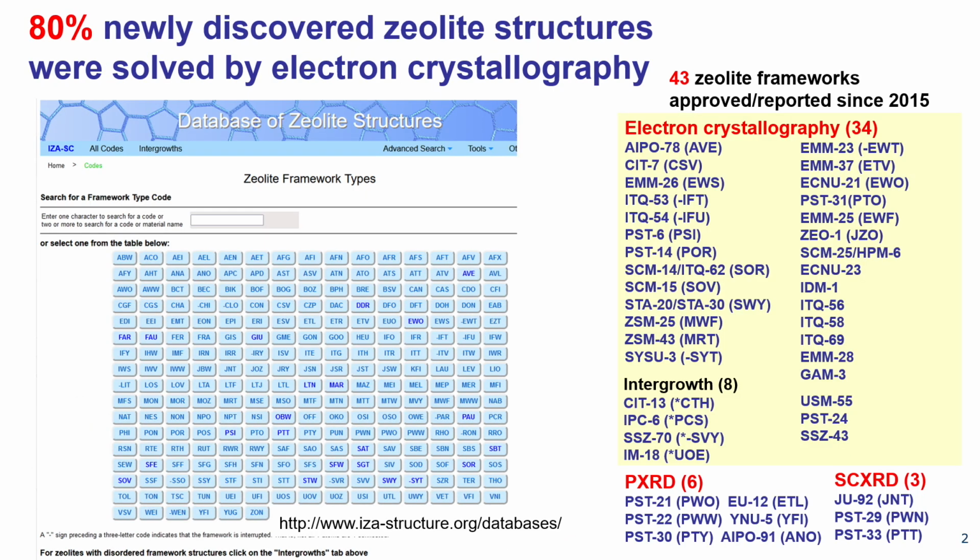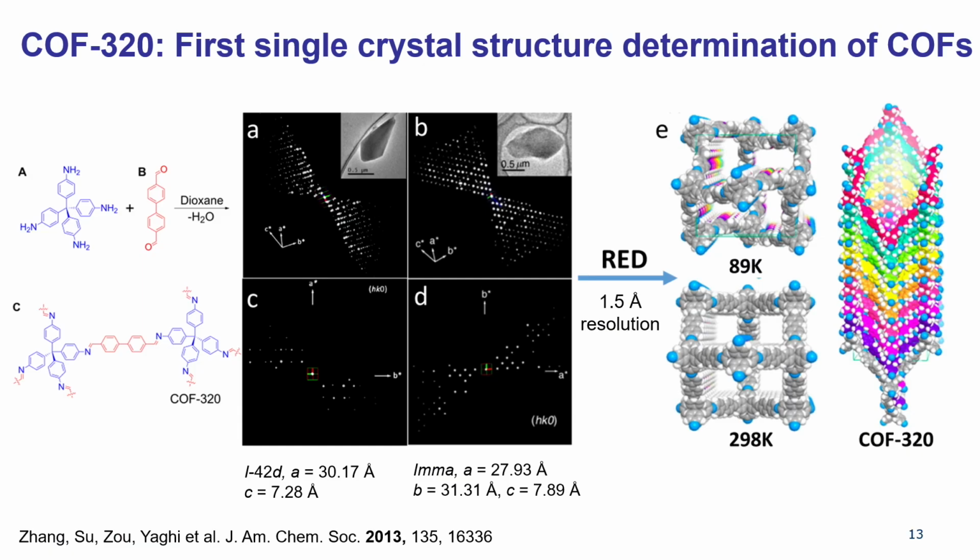Today, during the last 10 years or more, 80% of newly discovered zeolite structures are determined by electron crystallography. So it has made a very large impact in the field of zeolites. Many unknown structures that were synthesized many years ago can now be determined using electron diffraction.